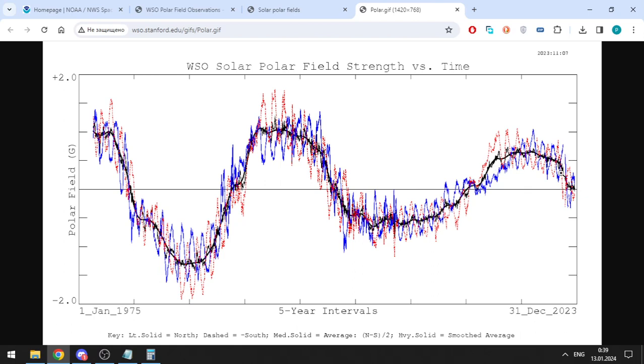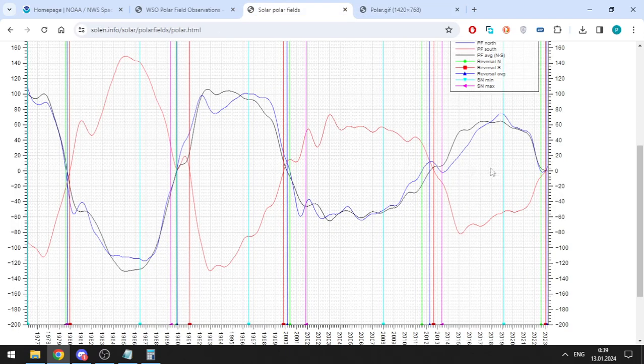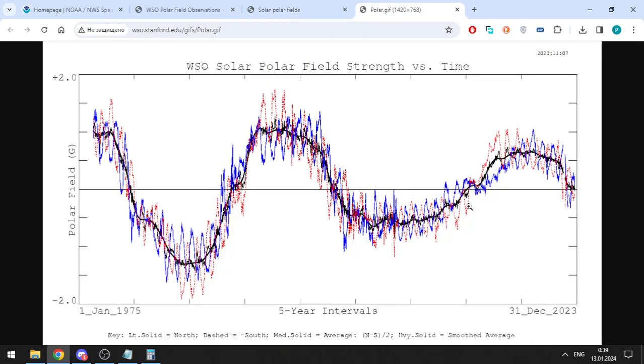So these are individual north and south, just as we've discussed at the beginning, the blue and the red. But they've taken it kind of out of phase with respect to this one. You can see that here they're inverted, and here they're in the same sense. So it's just the strength, right? But nevertheless, what I was saying is that this black line, which also oscillates, is the average.